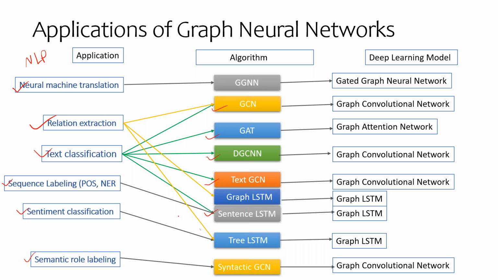For sentence classification, we use tree LSTM, and for semantic role labeling, we use syntactic GCN. So there are a lot of applications and algorithms that can be used based on the use cases, and the deep learning models are different for each of these use cases or algorithms.